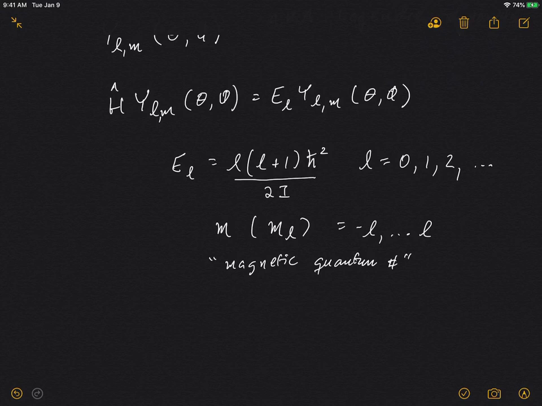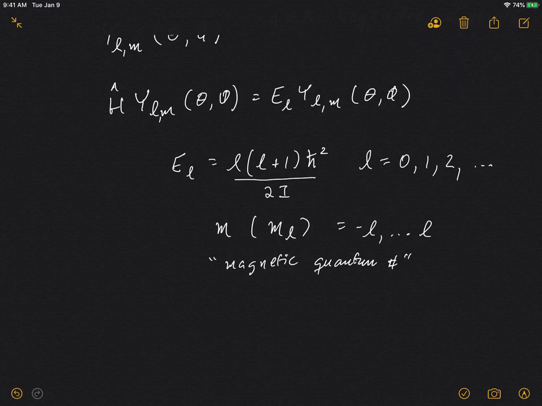So we'll see again for this system that there is degeneracy. Now there's a restriction here in that M always has to be in the range of minus L to L. So you can have a YLM that's Y10, where L equals 1, M equals 0.